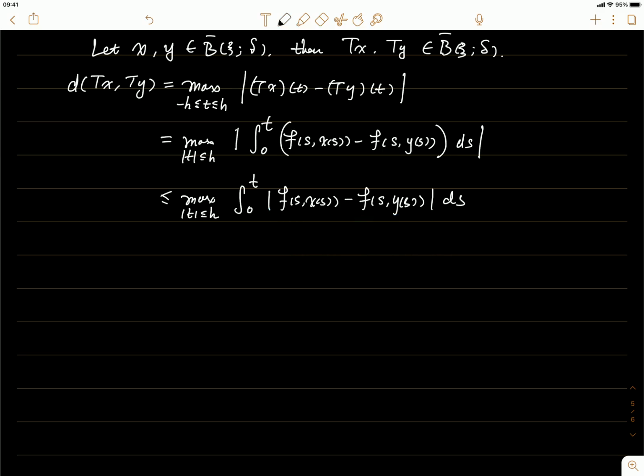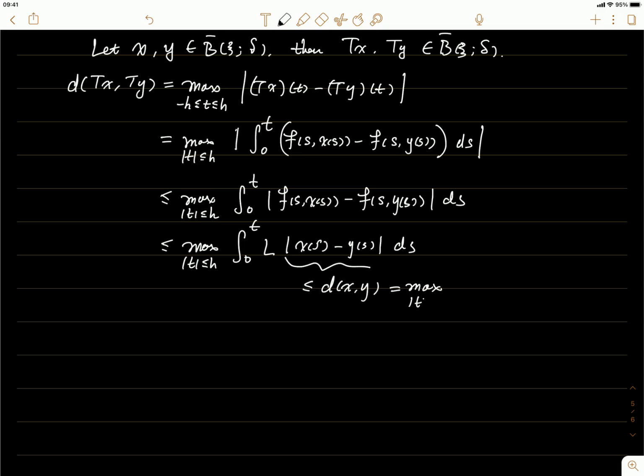So it has to be less than or equal to the maximum of the integral from 0 to t of L times the distance between x of s and y of s. But I also know that this must be less than or equal to the distance between x and y, which is the maximum value of the distance between x of s and y of s.